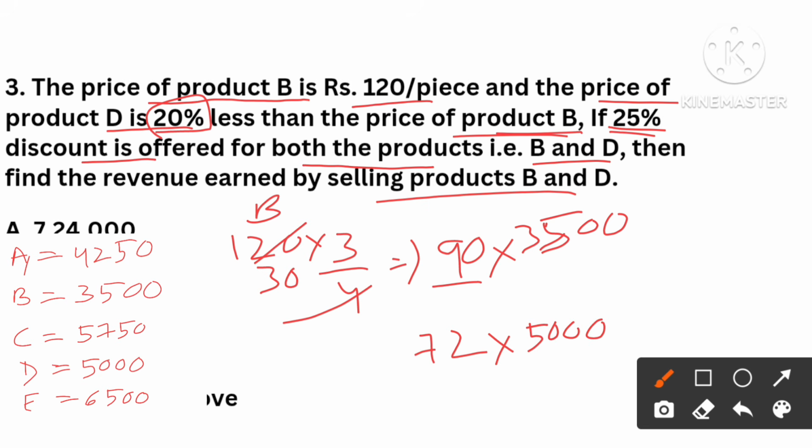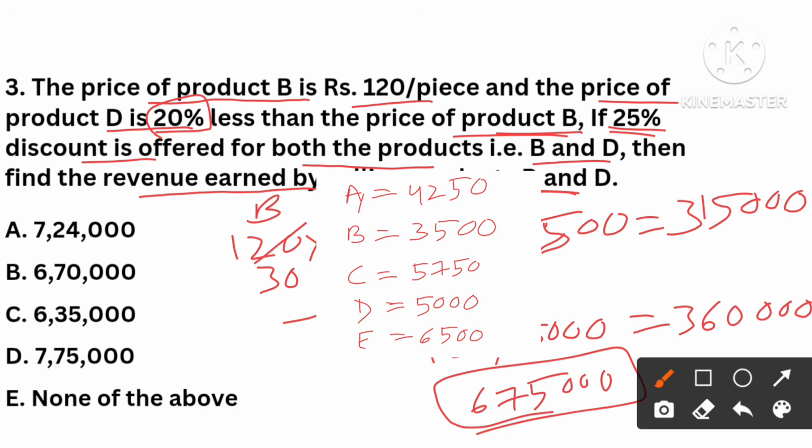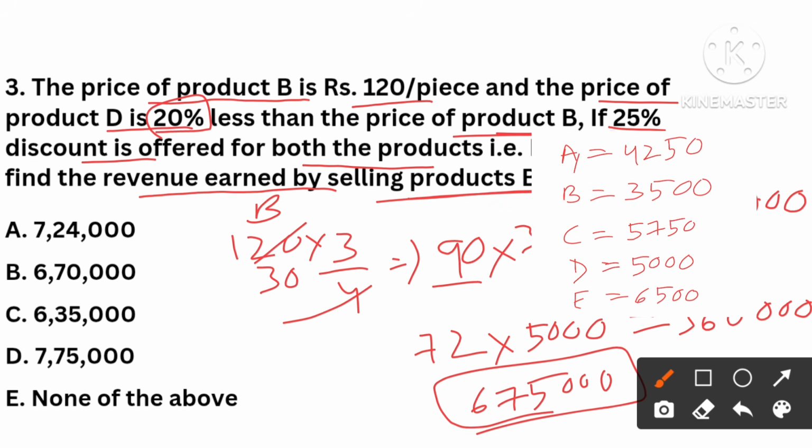The question asks for revenue earned by B and D. 90 into 3500 is 315000. 72 into 5000 is 360000. The sum of these two is 675000. This is our answer. In the options we don't see that answer, so the answer will be none of the above.